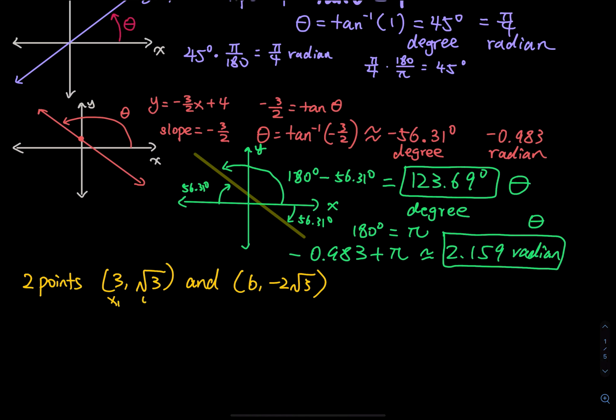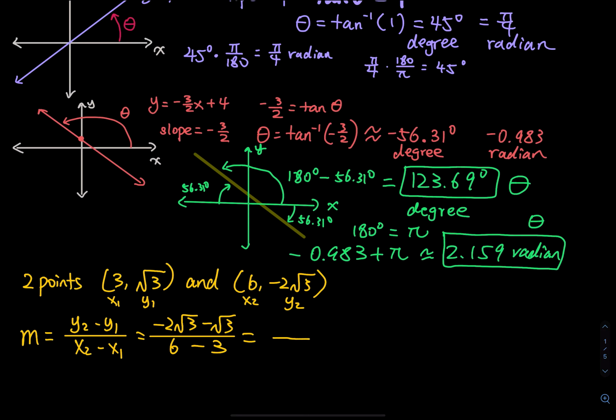This is x1, y1, and this is x2, y2. The slope between 2 points, we use this formula: m equals y2 minus y1 divided by x2 minus x1. And then we calculate that: negative 2 root 3 subtract root 3, and then 6 minus 3.